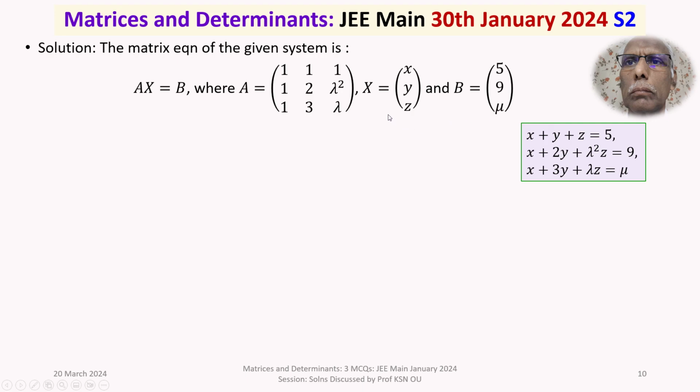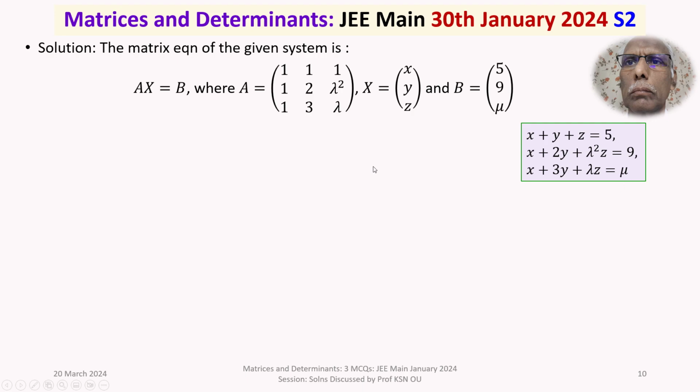X is the column matrix of variables x, y, z. B is the column matrix of the given values 5, 9, lambda.